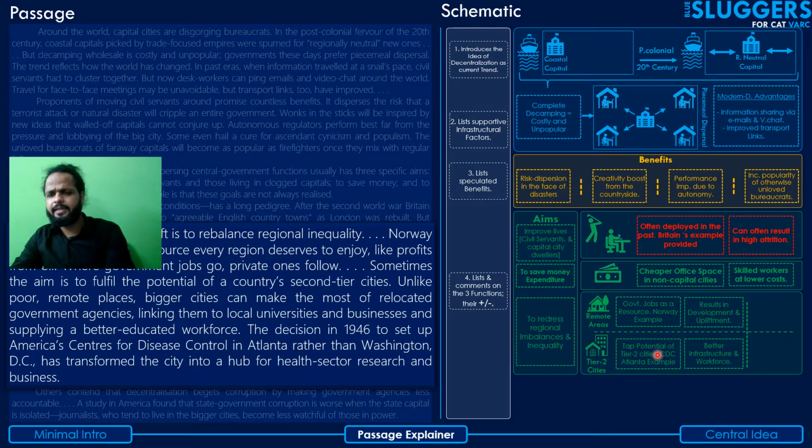So he has given an example of how creating a government agency in a tier 2 city has really transformed that city into a hub for health sector research and business, right? And they had been able to get all the advantages of that tier 2 city there. So he's given the example of this here. So now let's move on to the next paragraph.